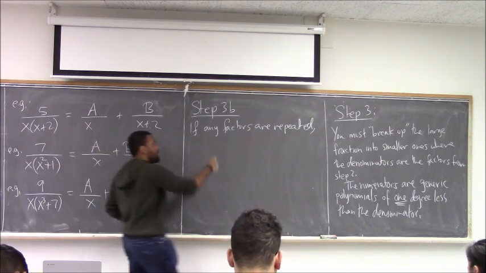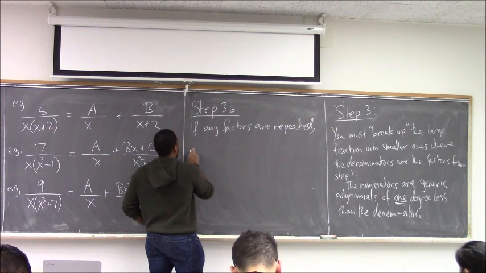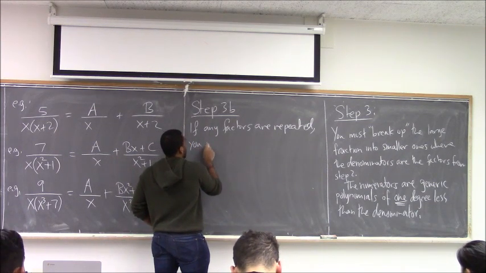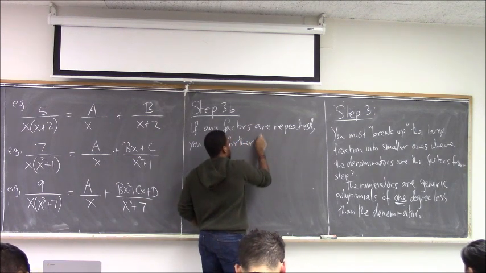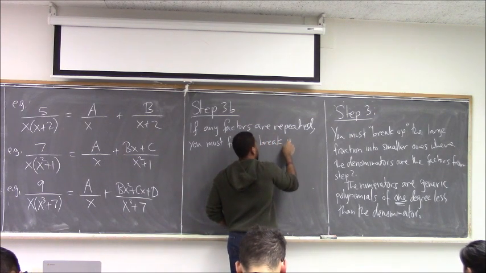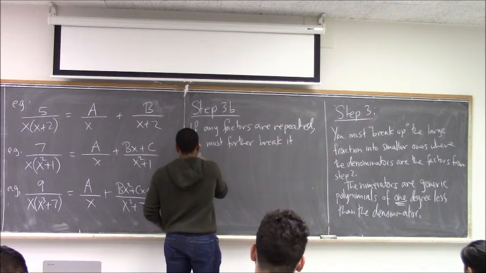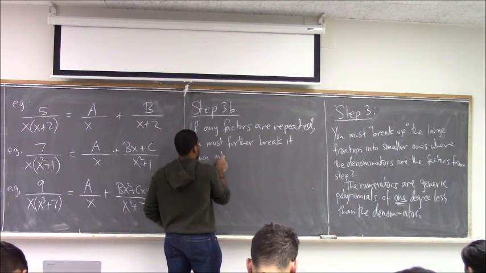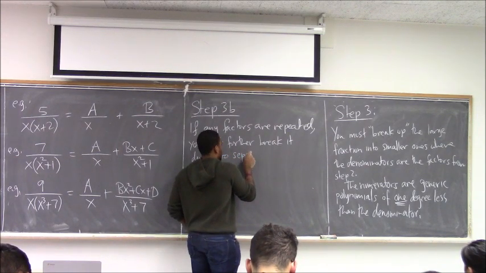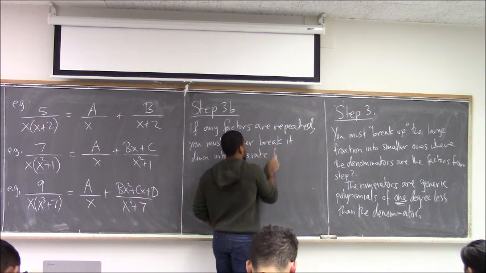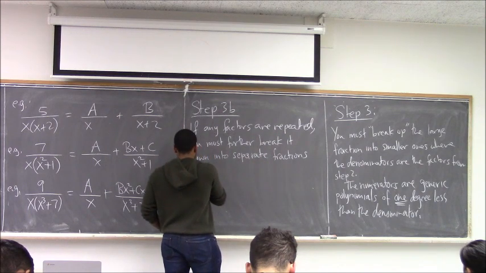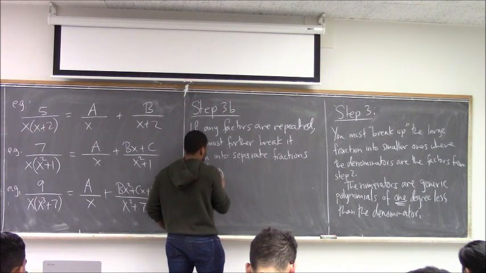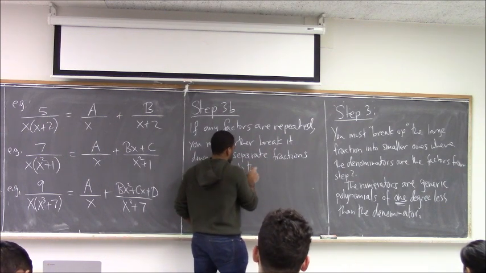It's called a repeated factor. You must further break it down into separate fractions, counting up to the multiplicity.